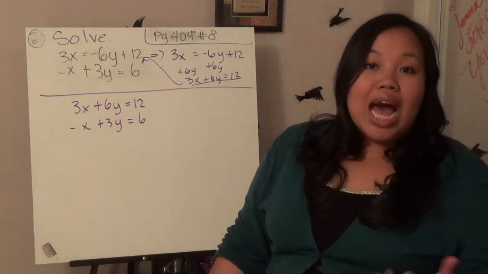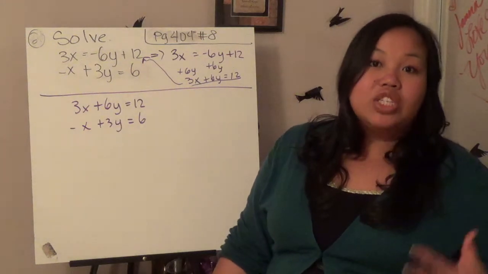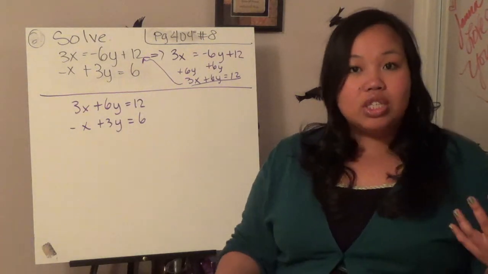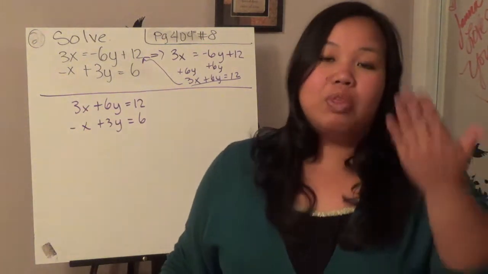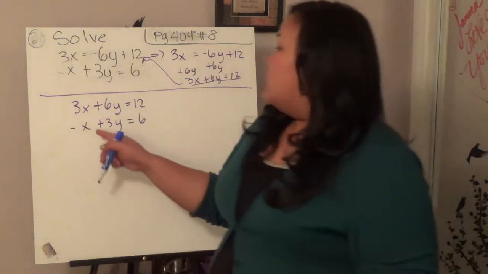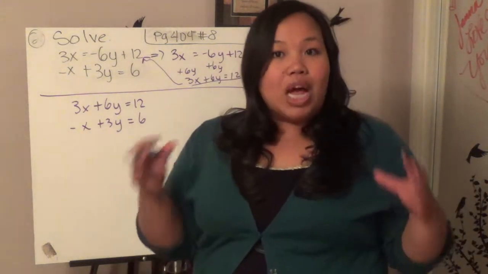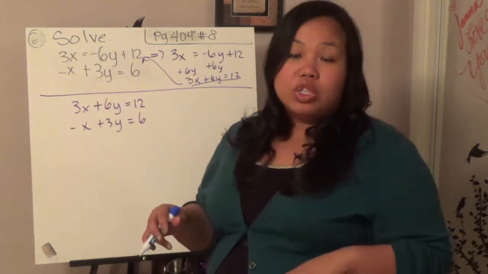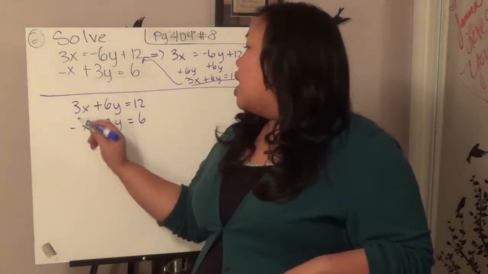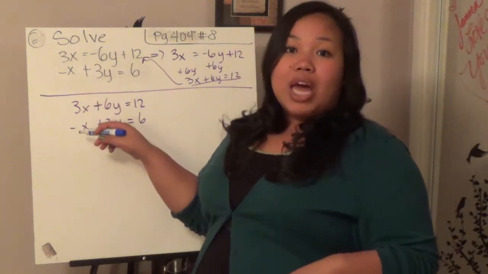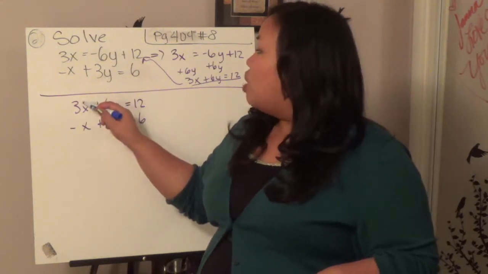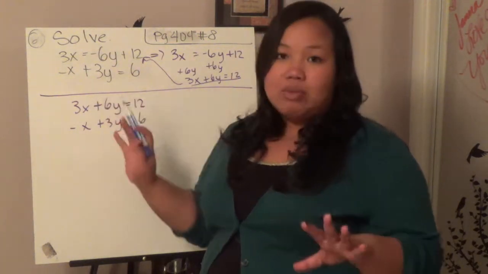In this case, I can make them exact opposites. I just have to make sure to apply the rule. So in fractions, if I multiply the top, I have to multiply the bottom. So this one, the rule is whatever I multiply one term by, I have to multiply all the terms. For example, I can multiply both equations by the same thing, or this equation by one number and this equation by another, it doesn't have to be the same number.